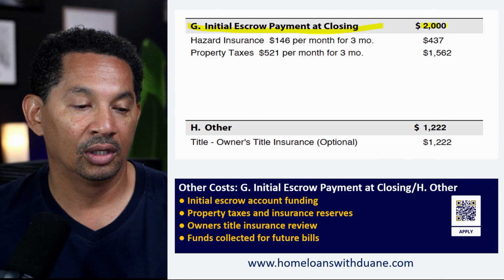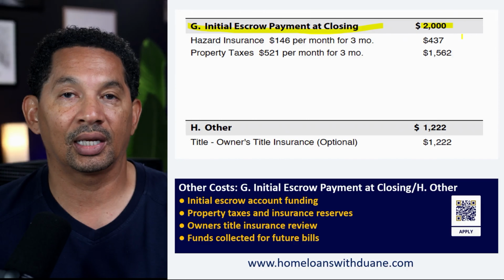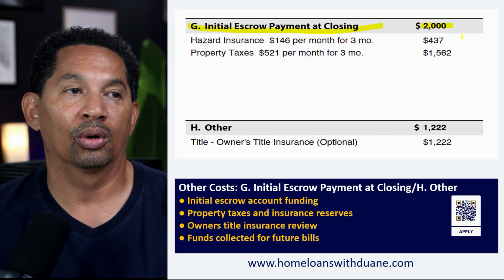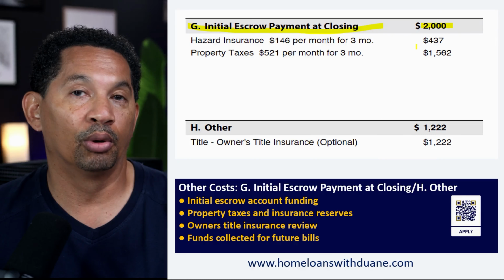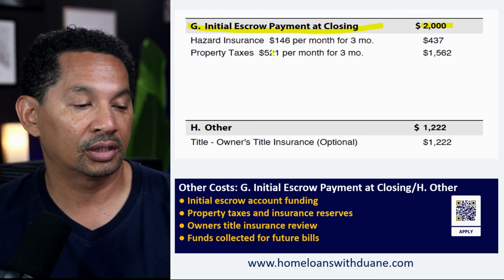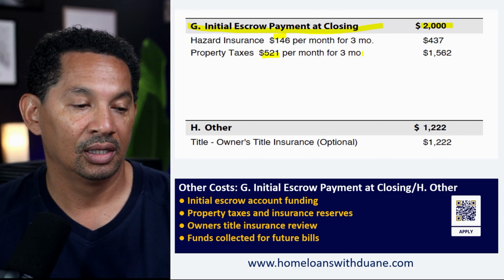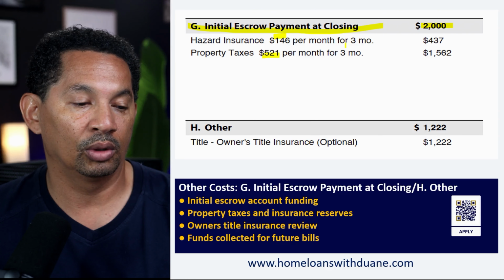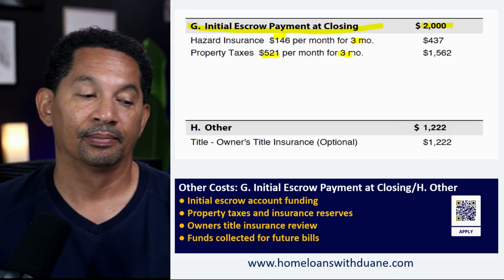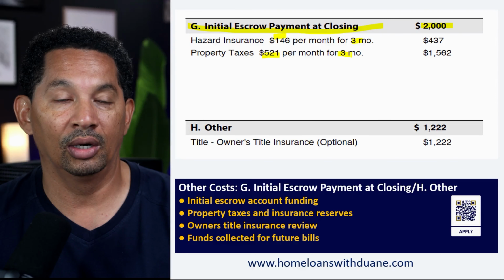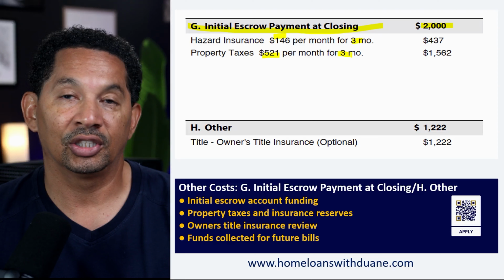This total amount of $2,000 will sit in an account, and should your taxes and insurance become due or increase, they're going to pull from this account. This is your monthly payment that came to the 667, and we are collecting 3 months for each. Now, this number can change depending on the month you close as well, and that can change your loan estimate.